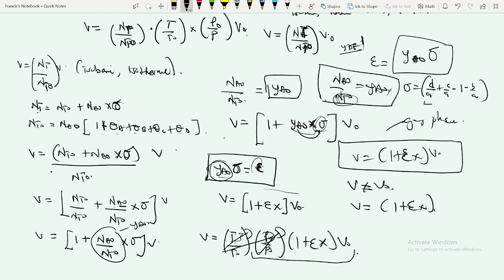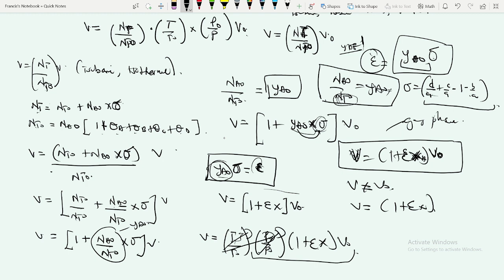You just find this quickly, multiply by your mole fraction of A, and that will give you your epsilon here. And that times the conversion of A. So this conversion is actually the conversion of A. When you add it to and multiply by the initial volume, that will give you the V that we want.